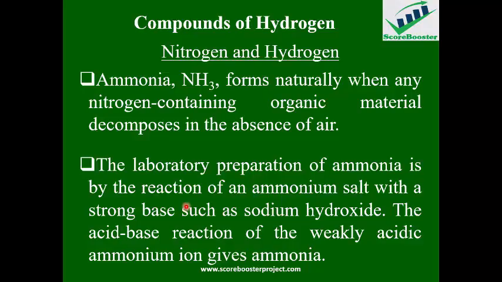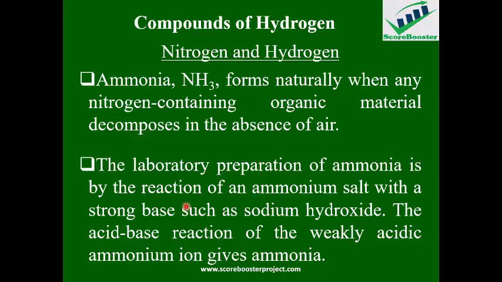So the first compound of nitrogen and hydrogen that we're going to consider is the compound that involves hydrogen and nitrogen. The most common one is ammonia. So ammonia is formed naturally when you have a nitrogen containing organic material that decomposes in the absence of air.